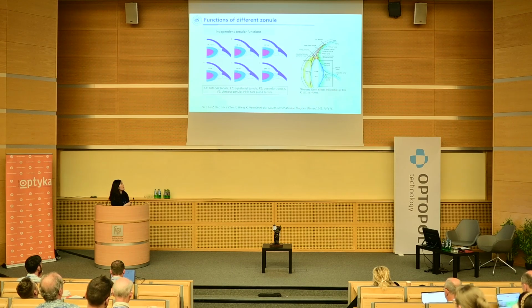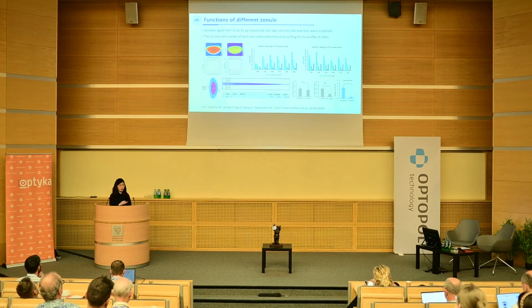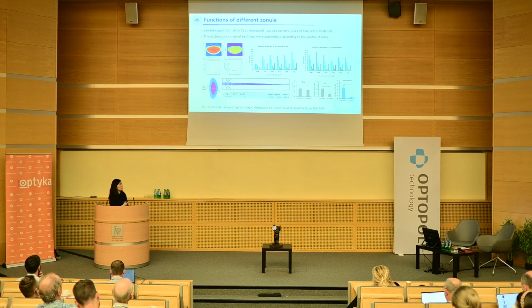This work was published last year. And then we continue to explore the zonular functions and also the material properties using geometries from 2 age cohorts, either in the 40s or in the 60s. And my PhD student will give a detailed introduction about this work in the coming session.